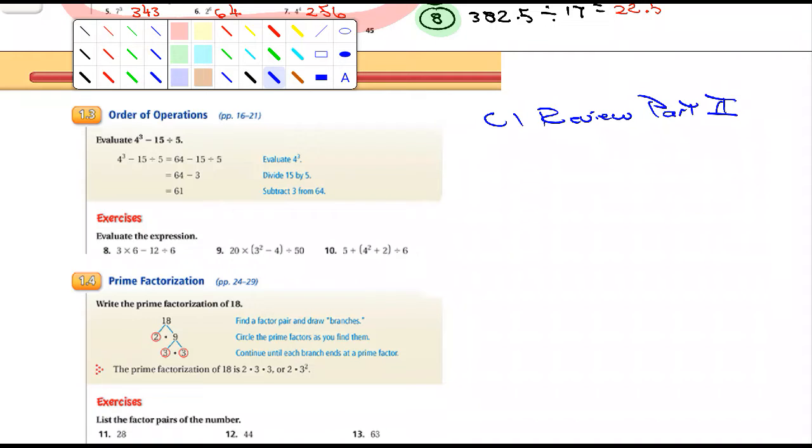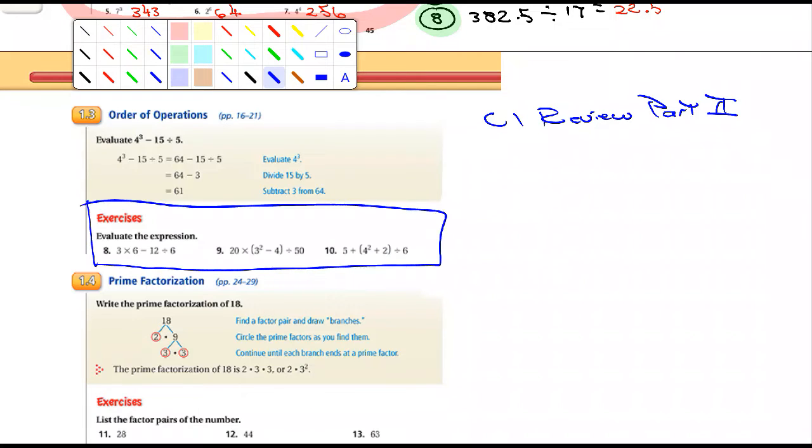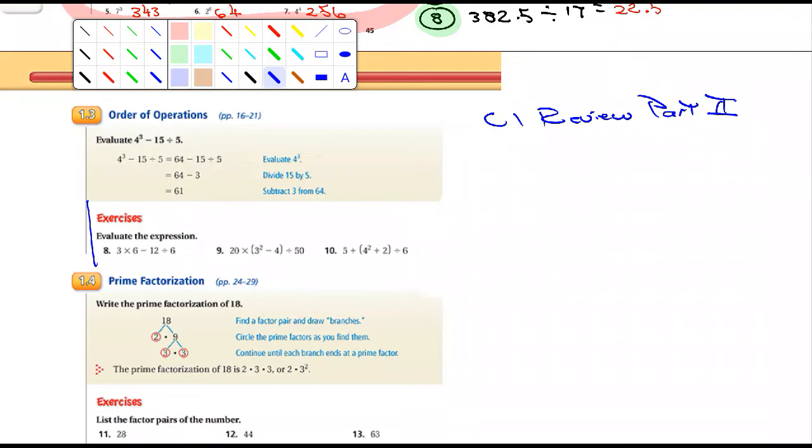So order of operations is 1.3, and in each one of these sections of problems, so for example, the 1.3 here, you have exercises or problems 8, 9, and 10, and they give you an example on how to do them right here. And then, of course, if the example isn't enough to help you out, they tell you what pages this is on and the fact that you can go back to 1.3.